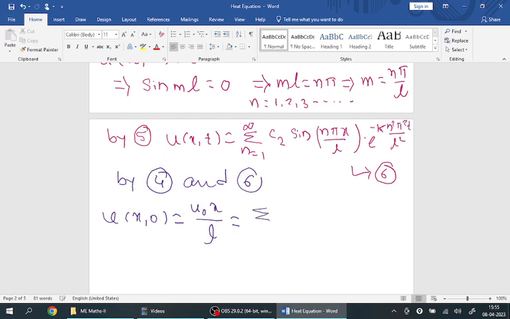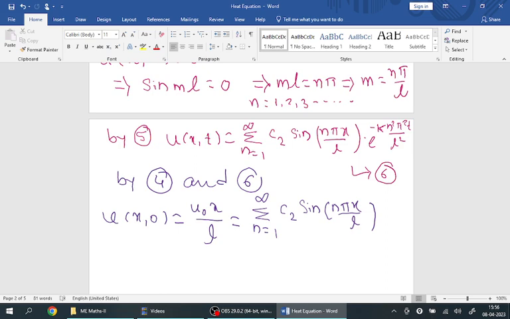We replace t by 0 in equation 6. Summation n varies from 1 to infinity. Remember, t is 0, so c2 sine n pi x by l as it is, and e raised to 0, anything raised to 0 is 1.